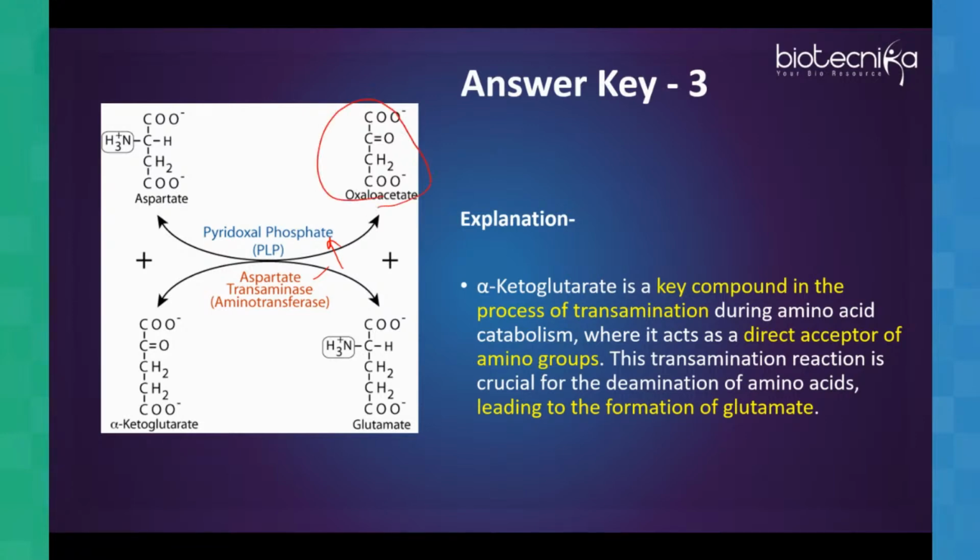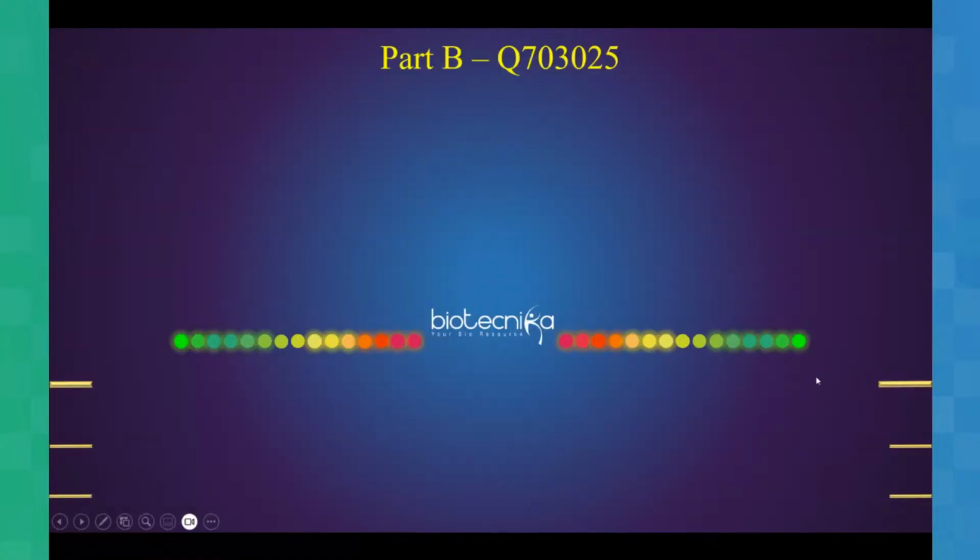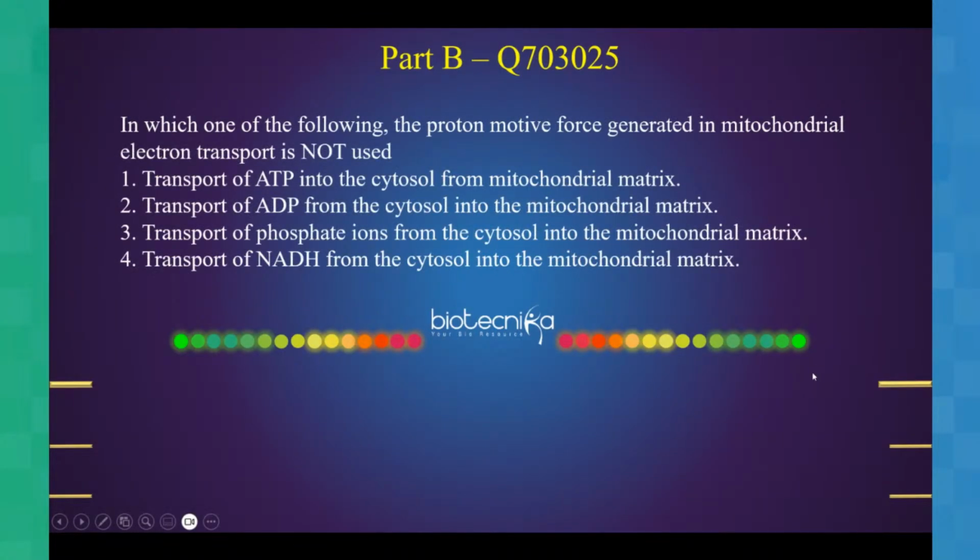That's why we get the keto acid which can enter the carbohydrate metabolism pathway. This is a very key compound because it accepts the amino group directly from an amino acid, and it is crucial for deamination, because if the amino group is there, amino acids cannot be broken down for energy or enter the carbohydrate metabolism pathway. That leads to the formation of glutamate. So yes, very good everyone, you have done correctly, option 3.